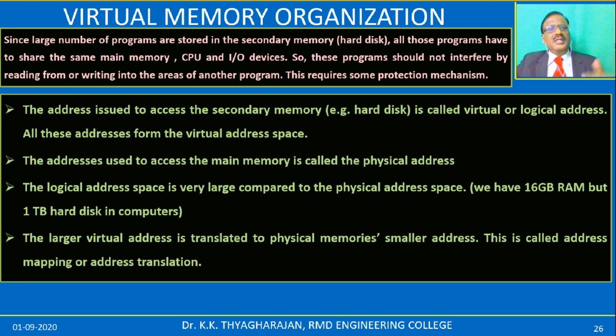Sometimes 2 or 3 programs will be simultaneously loaded into the main memory, and the CPU will execute one by one. That means in all these cases, the main memory is shared by many programs.